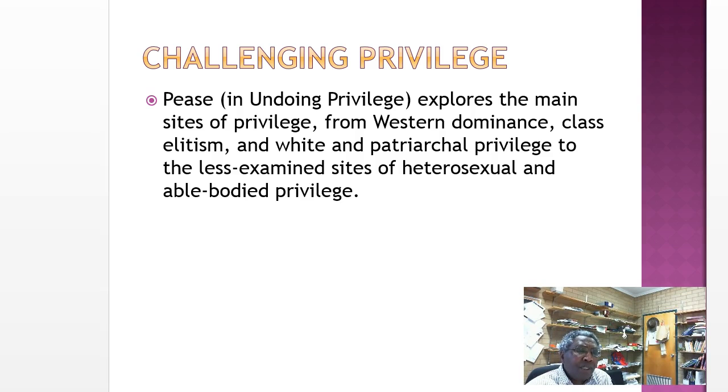The sort of things that you tend to take for granted. You don't notice that just by virtue of being able-bodied, you have a lot of privileges that people living with disabilities don't have. I think the issue of same-sex marriages highlights, for example, the privileges that heterosexual people have, and they don't have to fight for the right to get married.